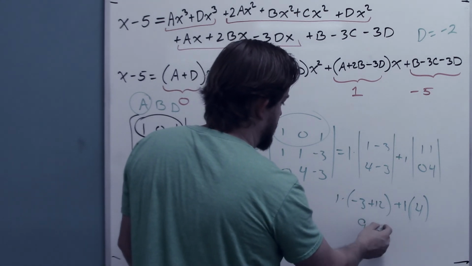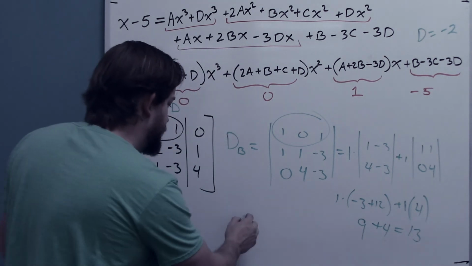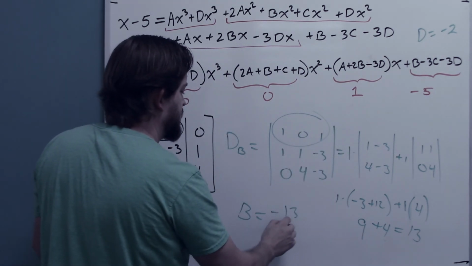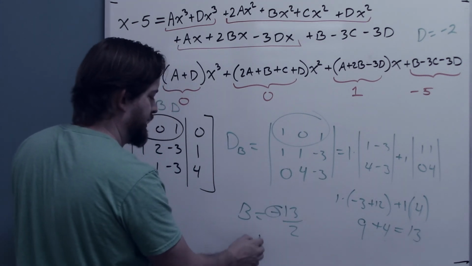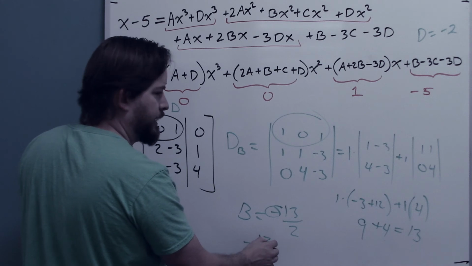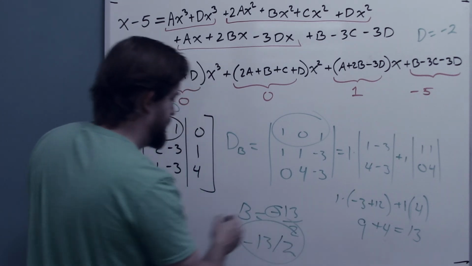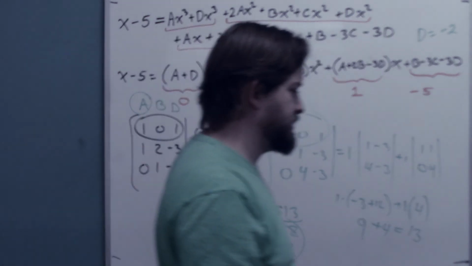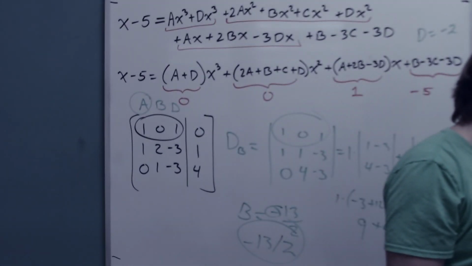Times 1 is still 9, plus 4, so I get 13, and therefore B is 13 over -2, or -13 over 2. When you're writing a fraction, throw that negative in front, so in the system it would be -13 slash 2. Okay. Good. Let me try that one just to make sure, because they're not awesome numbers.